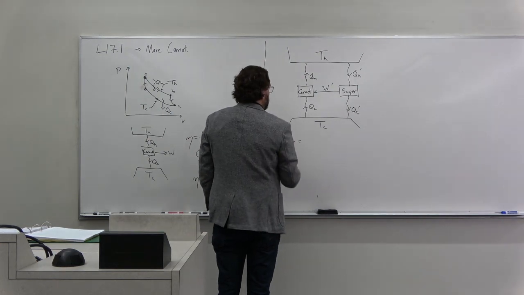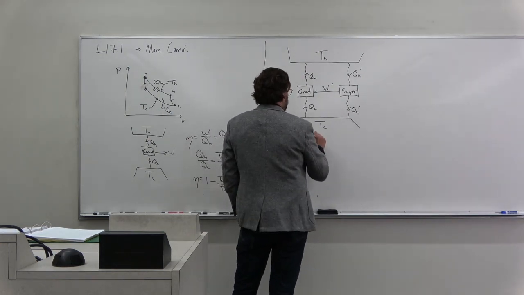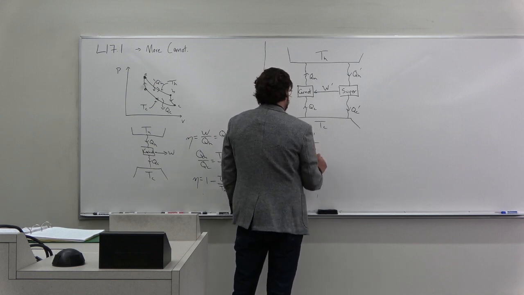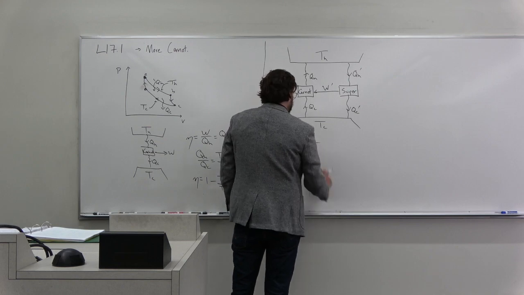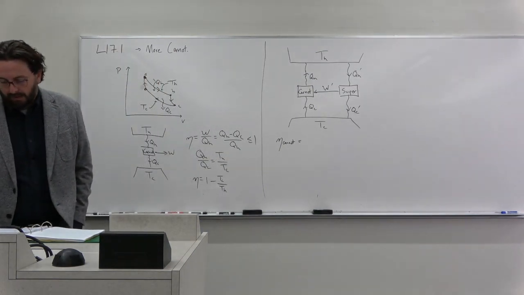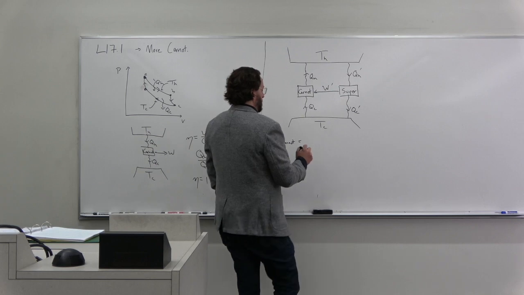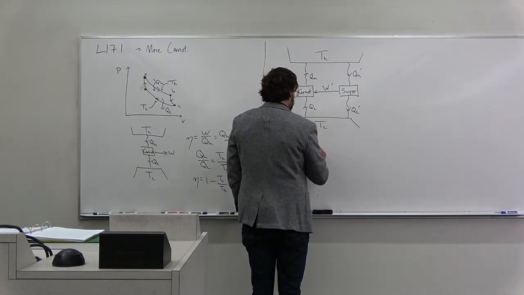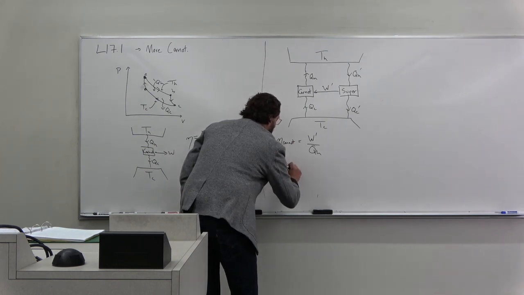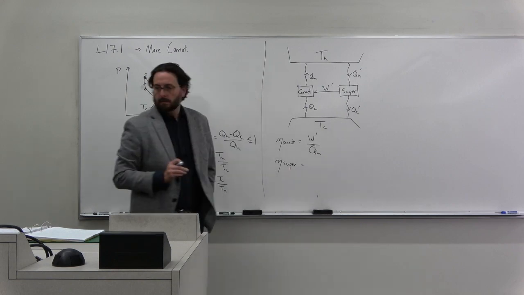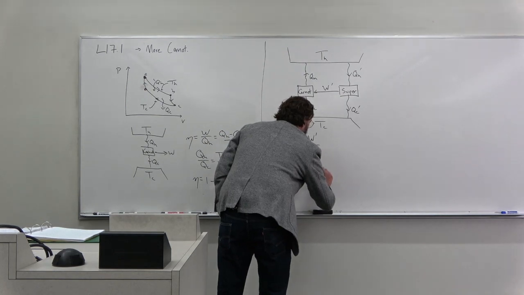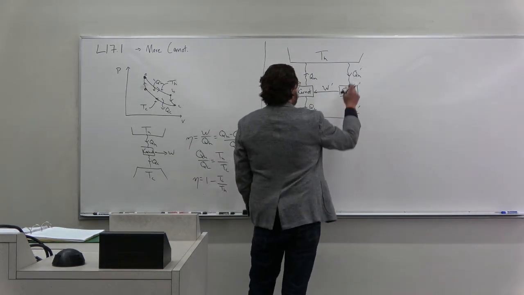If we were running it as an engine, it would be W prime over QH, and the super would be W prime over QH prime, right? Because I'm inputting a different amount of heat.